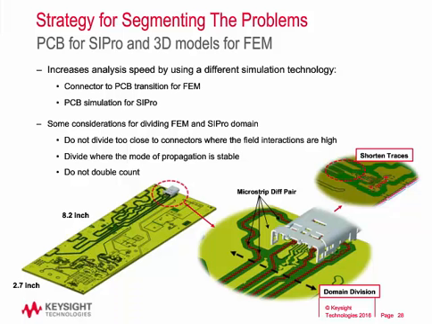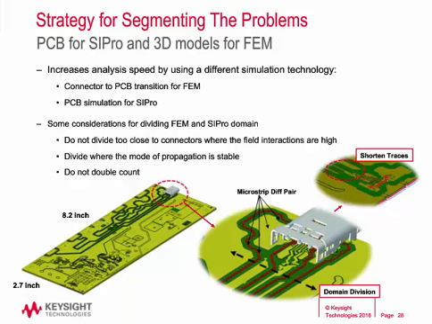So here are the simulation results with SIPro with a full board. The results show mixed mode as primary data, which is showing the differential to differential, differential to common, common to differential, common to common.